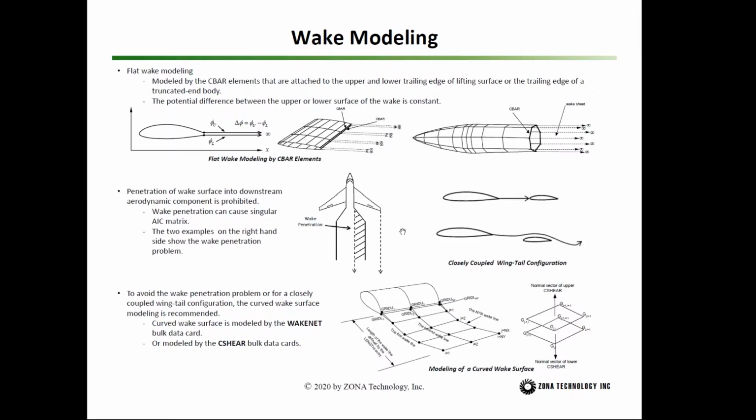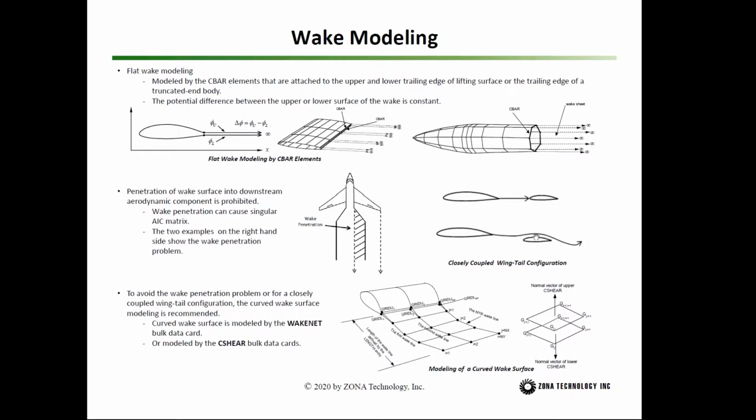And then if you have a coplanar wing-tail configuration, and both wing and tail are modeled by thick wings, and you also have a flat fat body here, the wake from the wing can penetrate into the body and into the tail. This wake penetration problem will create a singular AIC matrix.